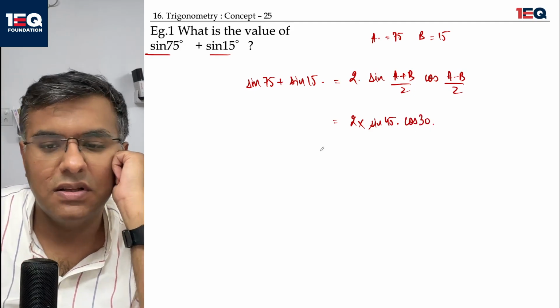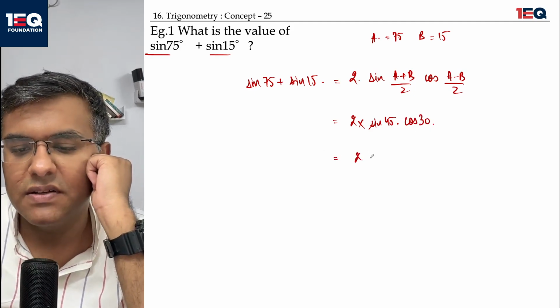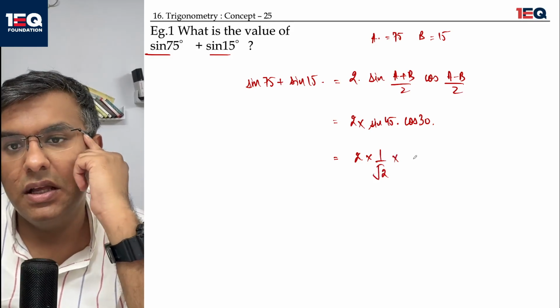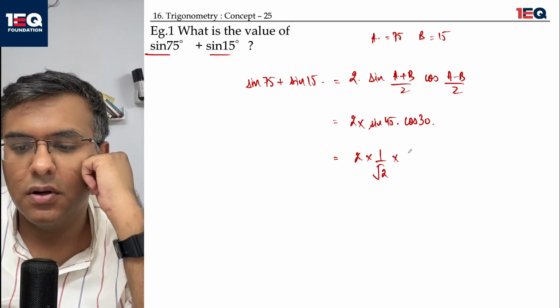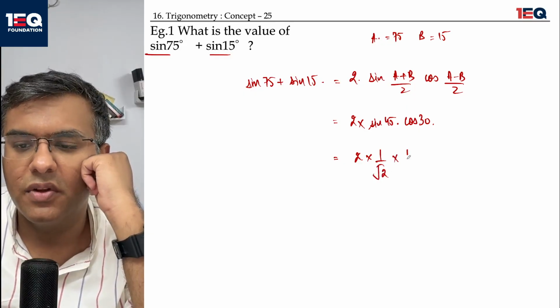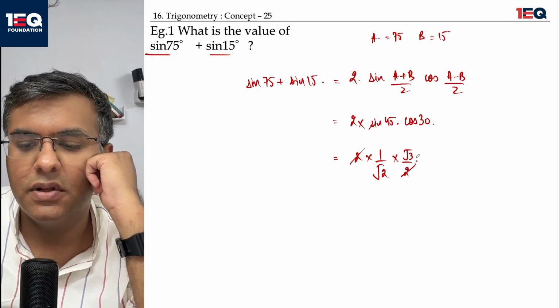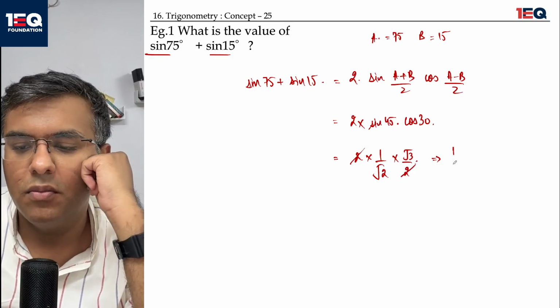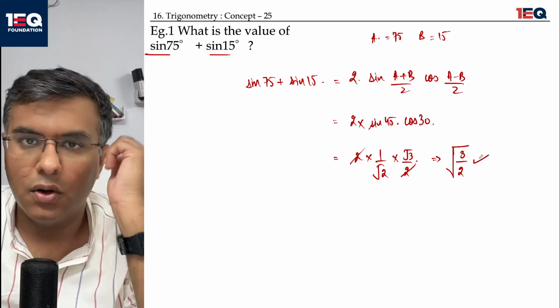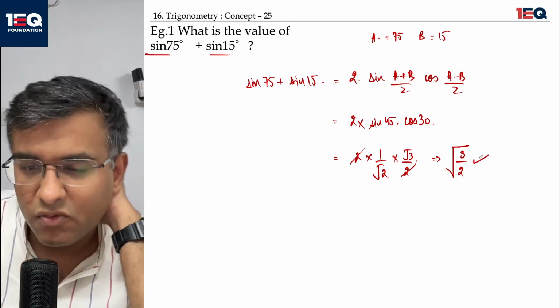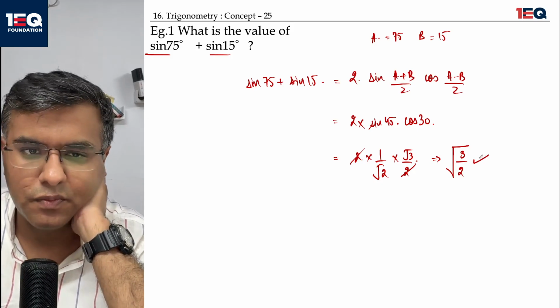So this is cos 30. Sin 45 stands for 1 over root 2 and cos 30 stands for what? Root 3 by 2? Yes. The 2 gets cancelled with the 2 and the final outcome would come as root 3 by 2.